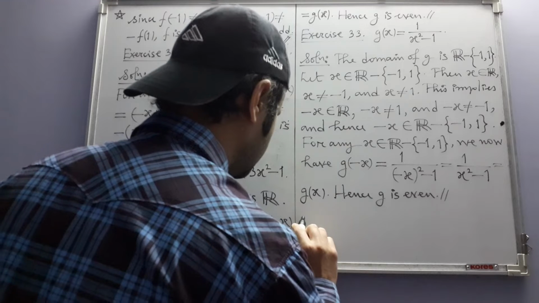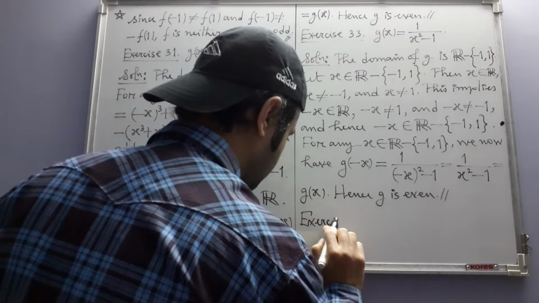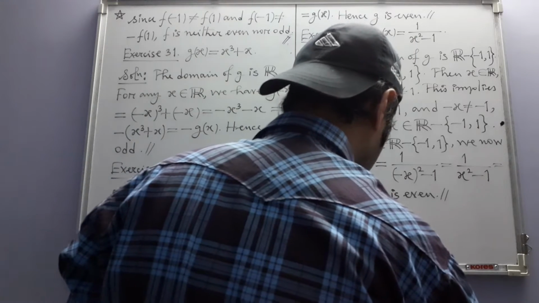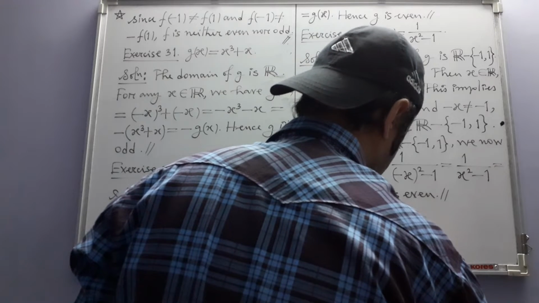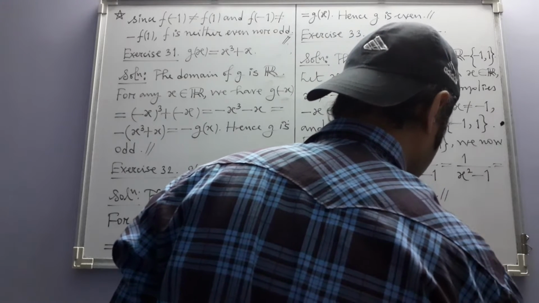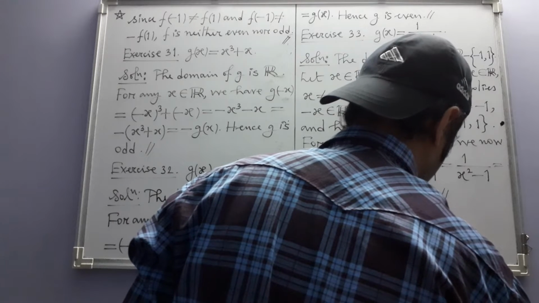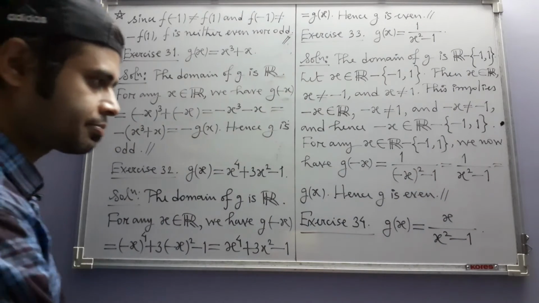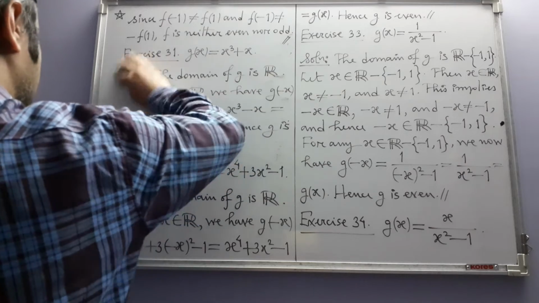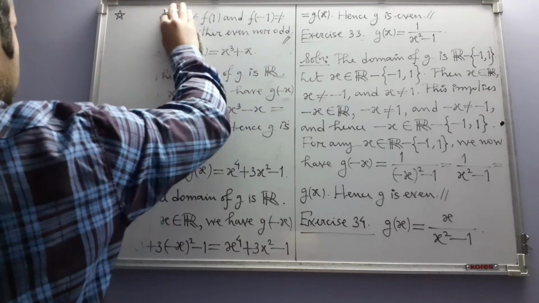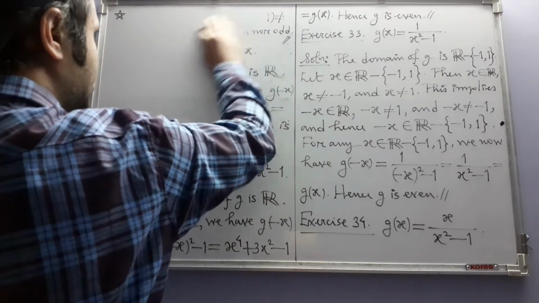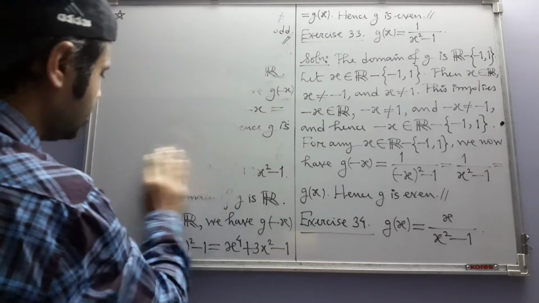Then 34. Our guess that when mixed exponents are there, the function is neither even nor odd, that case will not work here.